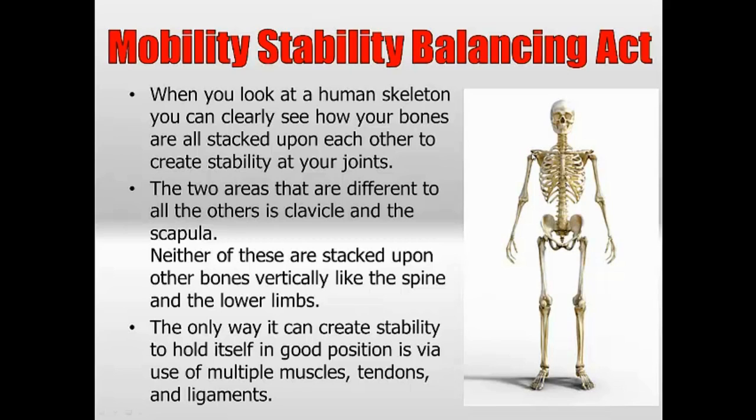But the scapula itself, and also the clavicle at the top there, are the two that are different because they're basically sitting vertically in space, so they're not locked into position as you would see with the knee and even the ankle and all these other joints. They're really just floating in space.